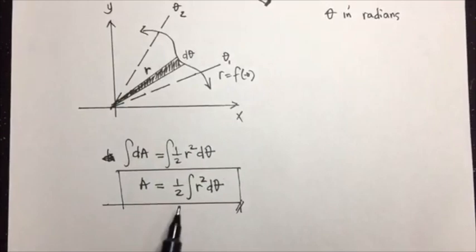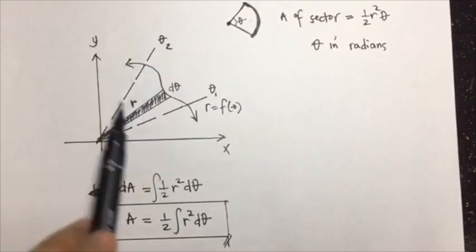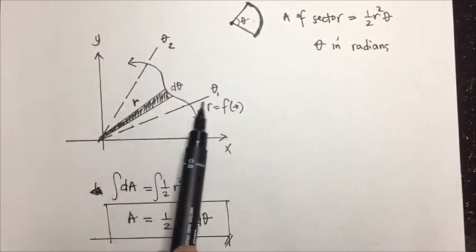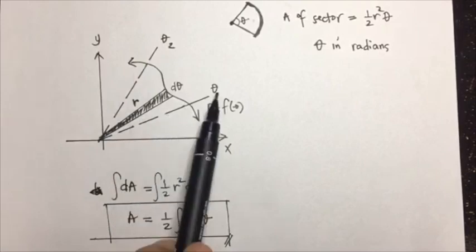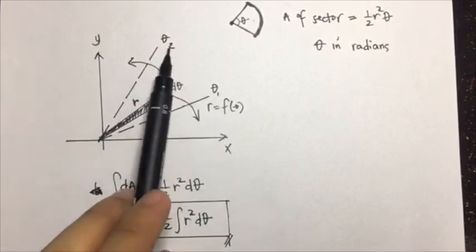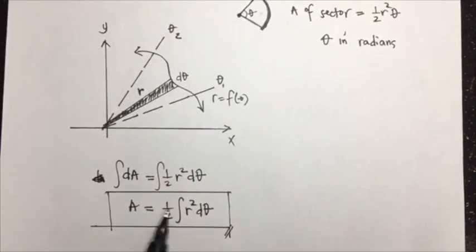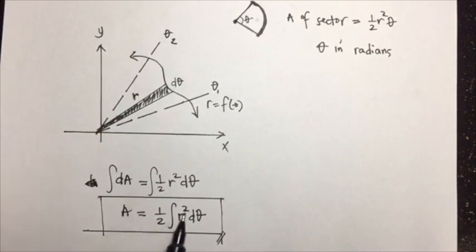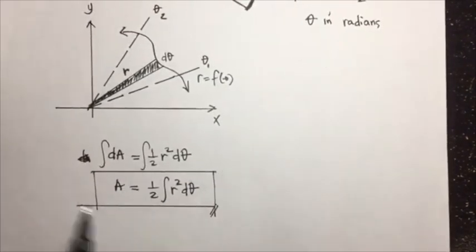Of course the limits will be determined by the graph. In this case we have from theta 1 to theta sub 2, but let's not put that in the general formula for now.